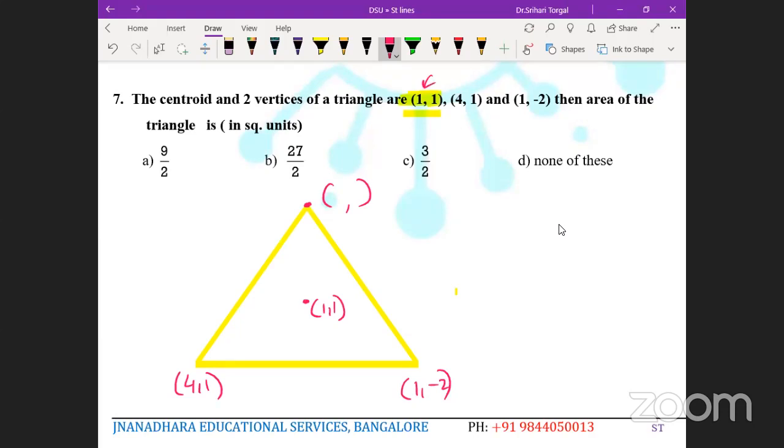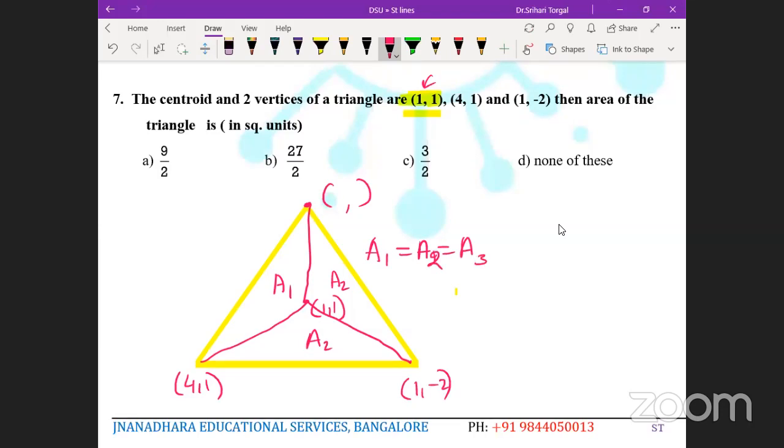Then the area of the triangle is, see here, I have to join like this. These 3 areas will be equal always. If I say this as A1, A2, A3, these 3 areas will be equal because this is a centroid.